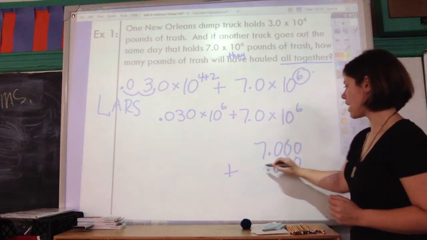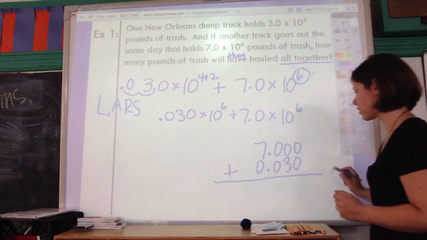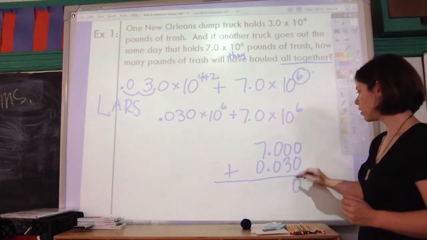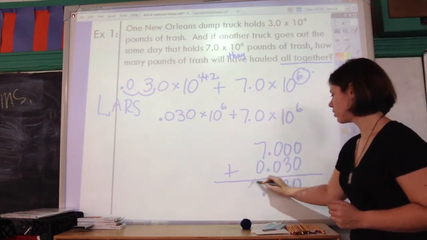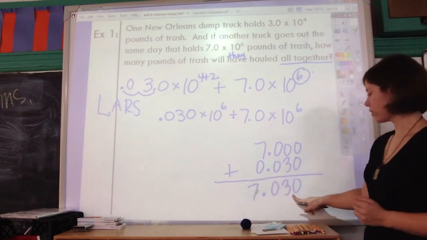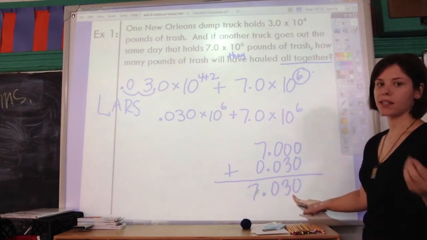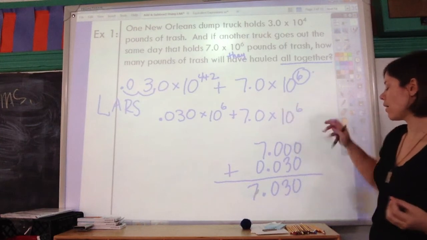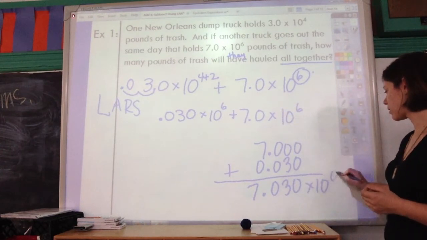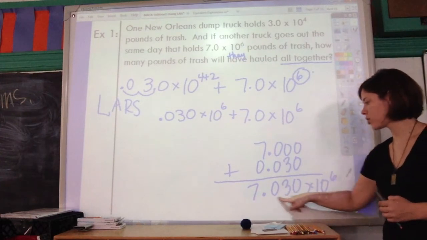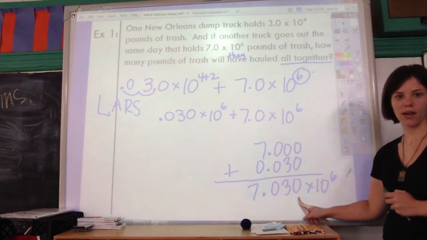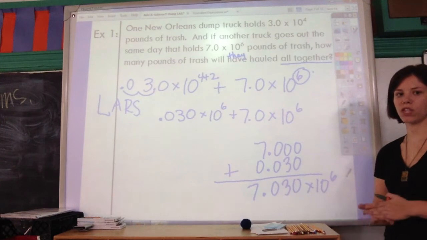And remember, when we're adding and subtracting decimals, we line up our decimal. 0 plus 0, 3 plus 0, bring the decimal straight down, and I get 7.030. But remember, I want it in scientific notation, so I just pull out times 10 to the 6th. I'm finished because this number has a coefficient that's between 1 and 10. That's how you solve it by moving the decimal.